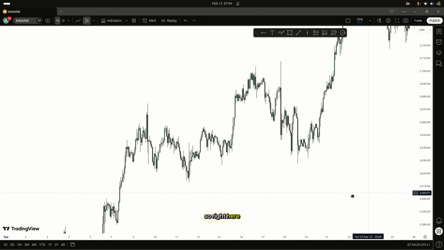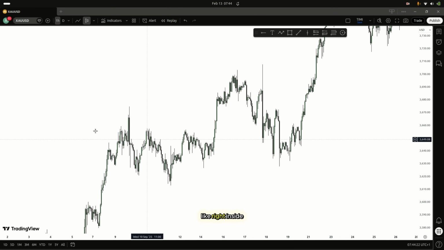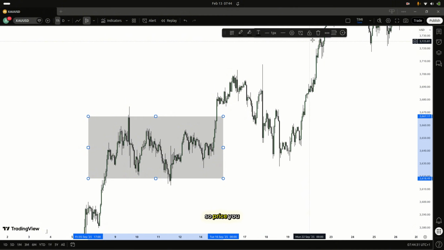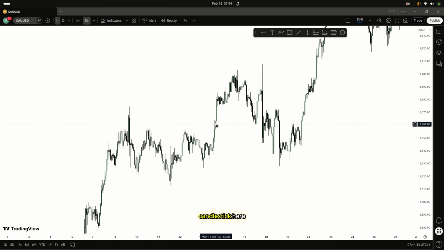So right here, what happened inside this rectangle that I'm going to draw? Immediately this candlestick here took out this high while also taking out a previously existing high that was in the market.